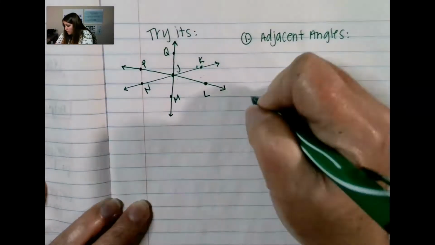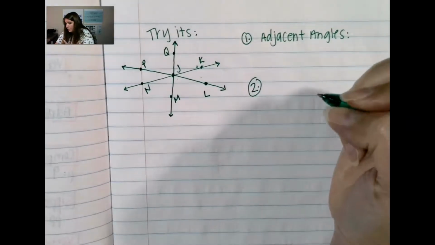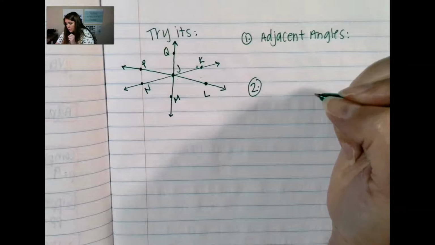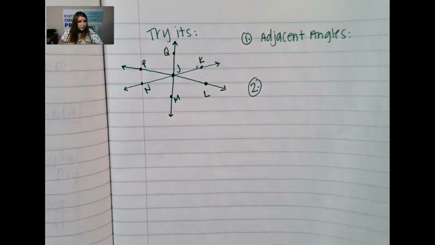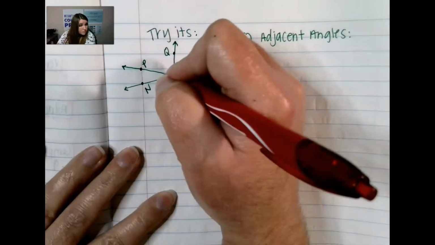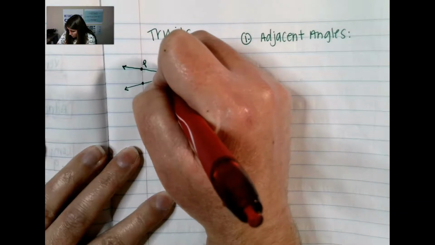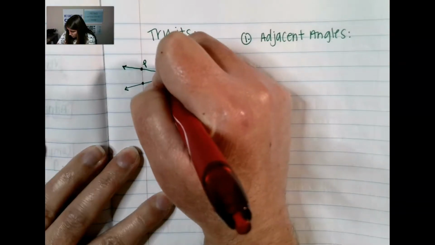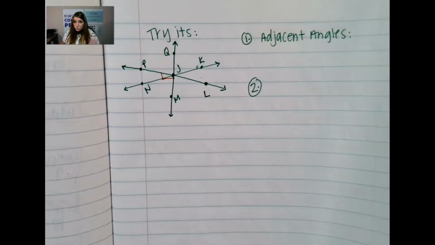And try it number 2. They would like for you to please find, oh, I forgot to tell you where the 90-degree box is. That does not look like a 90-degree box. Theirs looks way better, and I apologize for that.